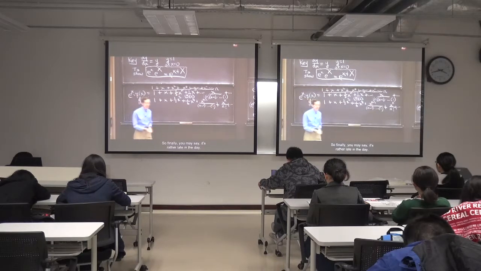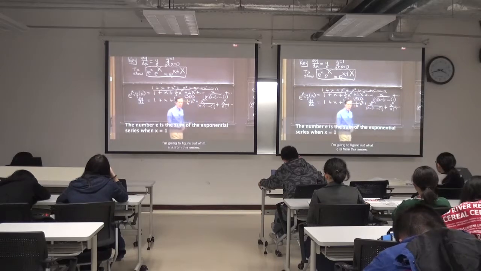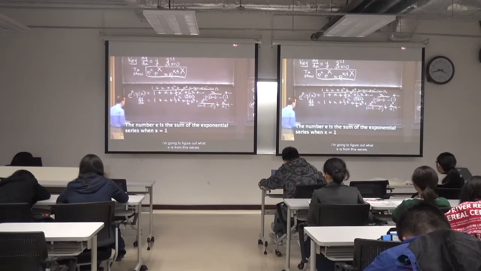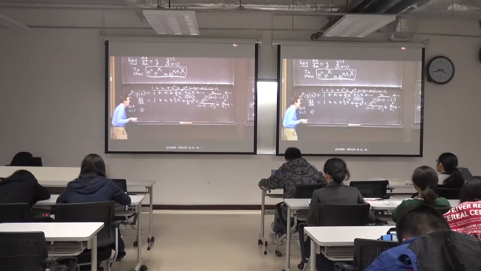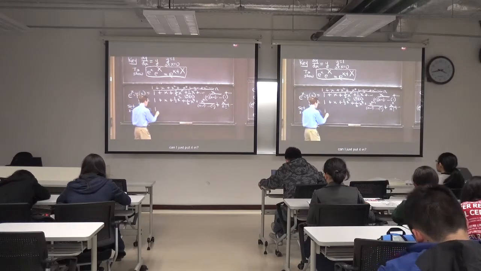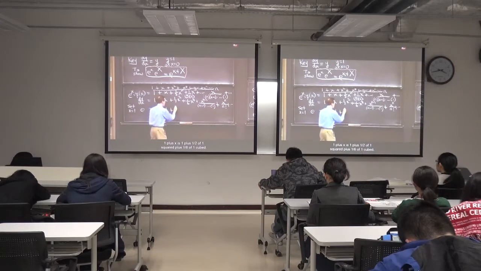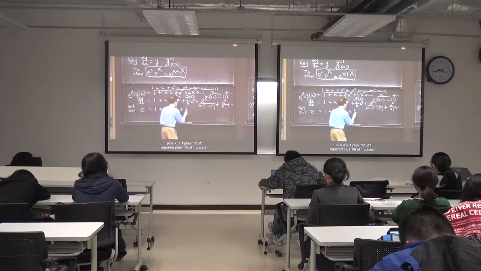So finally, you may say, this is rather late in the day, I'm going to figure out what e is from this series. Set x equal 1, and you learn that e to the first power, which is e, is, can I just put it in? 1 plus, x is 1, plus 1/2 of 1 squared plus 1/6 of 1 cubed.